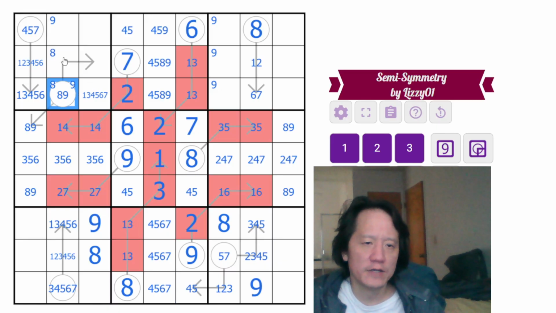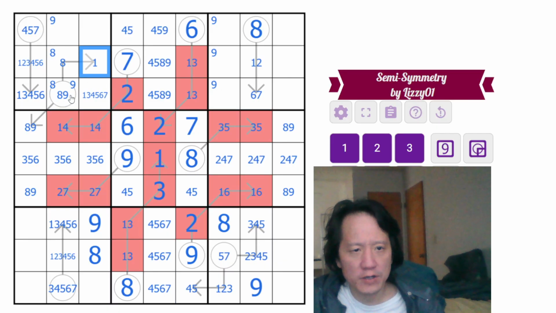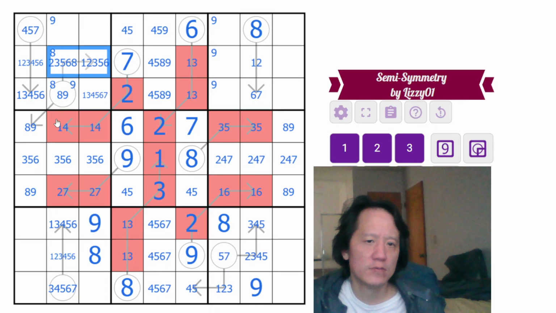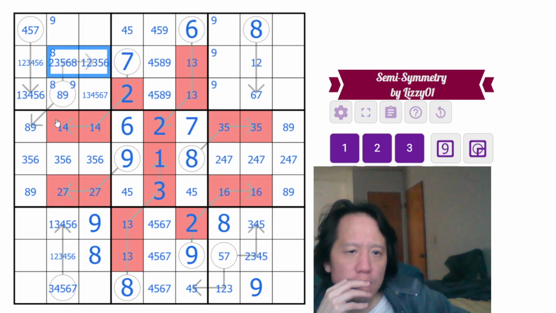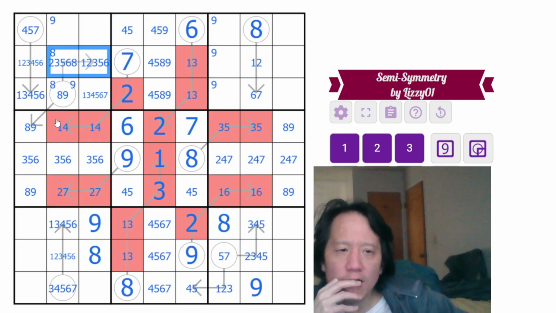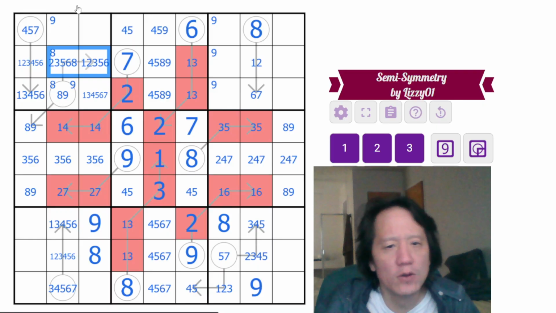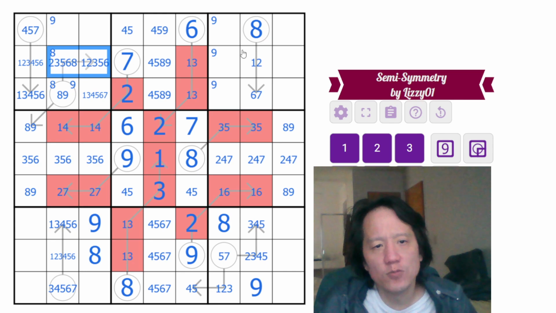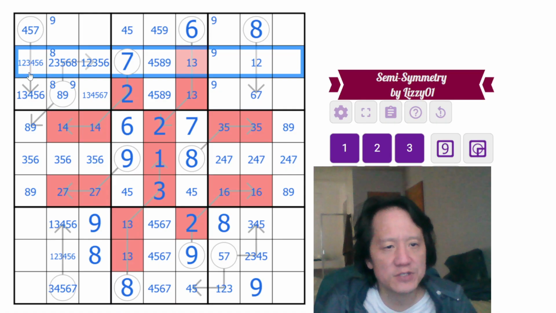If this is 9, this has to be 8 and 1. If this is 8, this is either 2, 6, or 3, 5. Oh, okay. So if this is 8 and 1, that becomes 3 and 2, and therefore there cannot be a 2 and 3 in the rest of the column, or row 2.